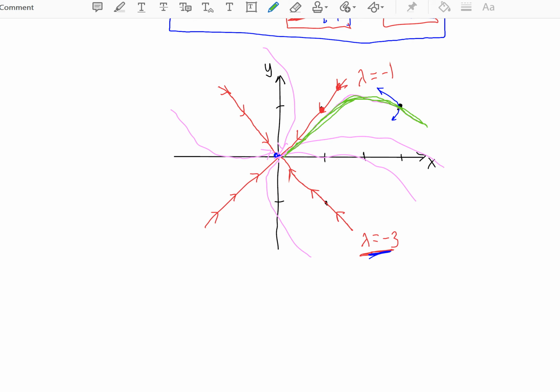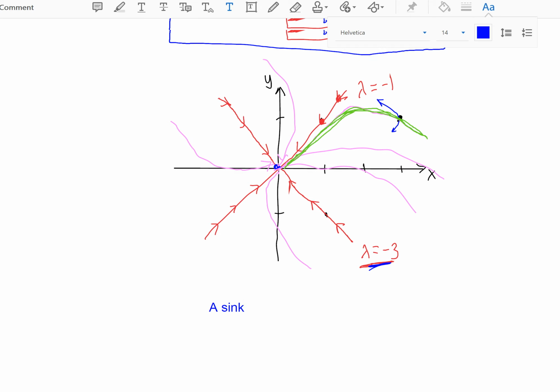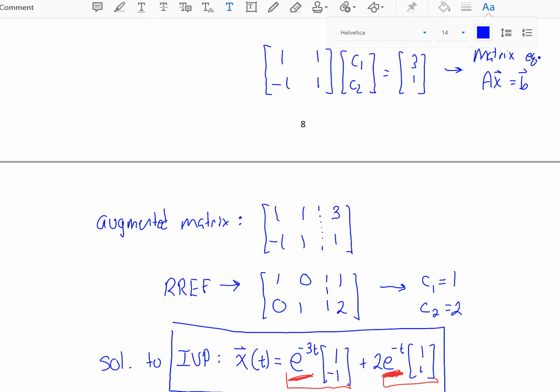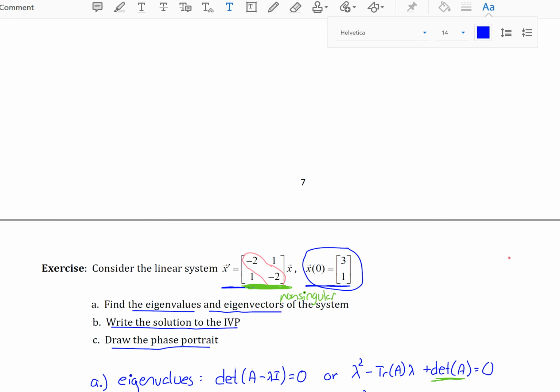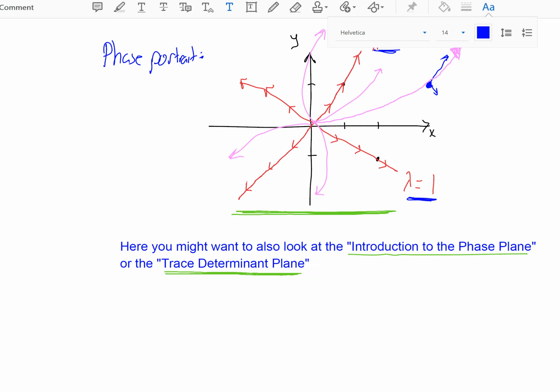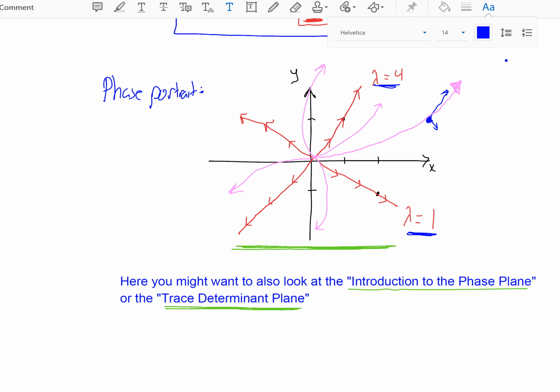Sometimes we refer to this phase portrait as representing a sink, as solutions will always tend to go towards the origin. In our previous examples, we looked at another matrix equation where solutions tended to go away from the origin.